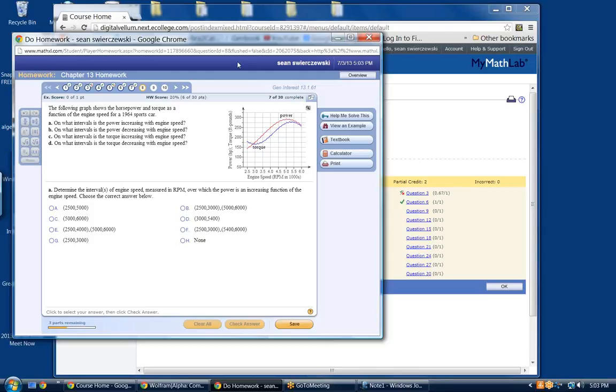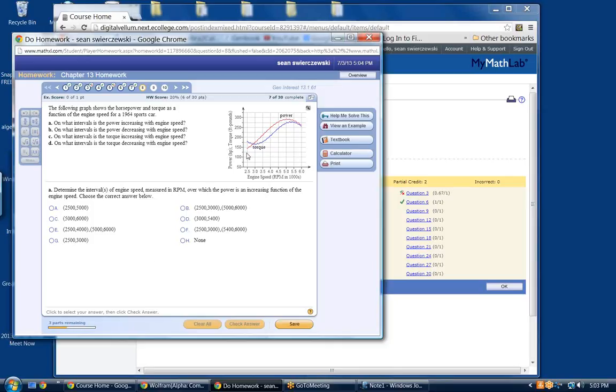Okay, if you just look at that graph, on what intervals is the power increasing with engine speed? Oh, good, we get a multiple choice. How nice.